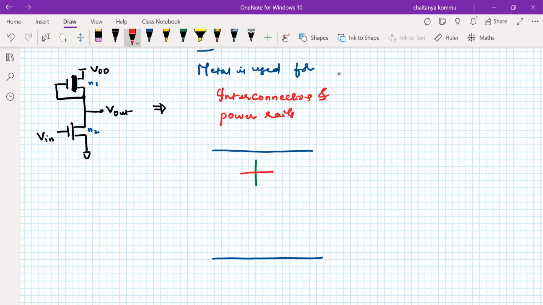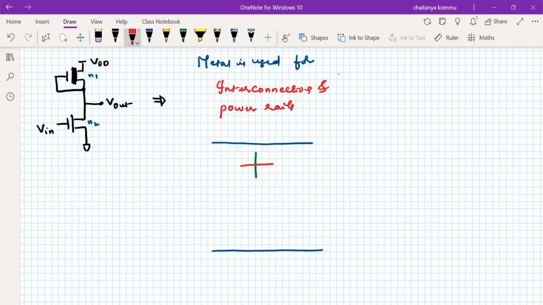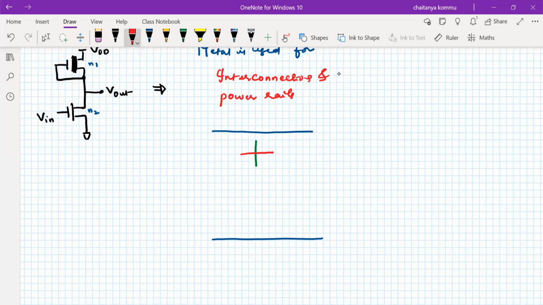The transistor is formed there. Similarly, at the bottom, we consider the diffusion vertical and polysilicon horizontal in this way. The first step is to form the power lines. The second one is to form the transistors.